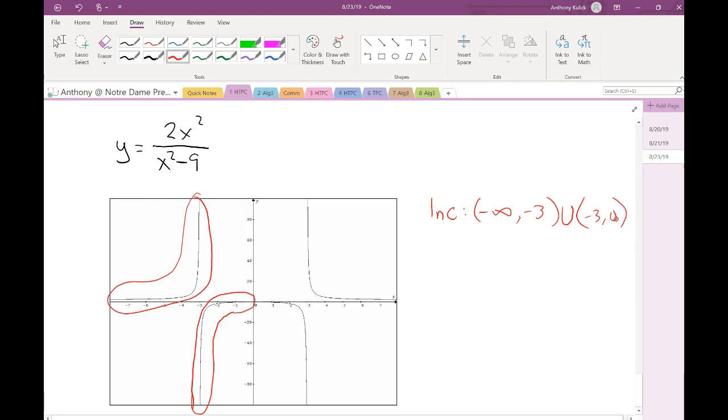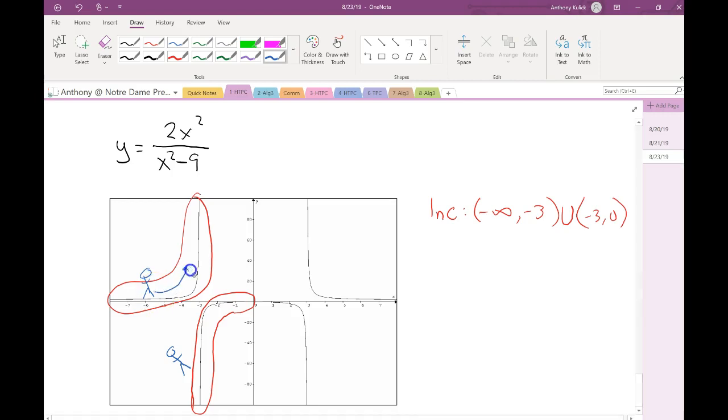Everybody okay with that? And again, if you're having trouble identifying this, imagine you have a little man walking along the curve. When the little man is walking uphill, that's increasing. And when the little man starts walking downhill, that's decreasing. He's always walking from the left to the right, just like we read a book.